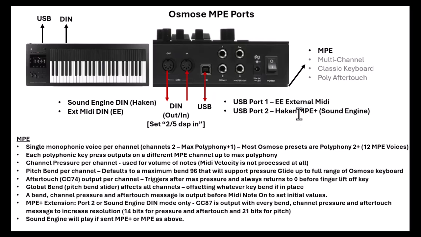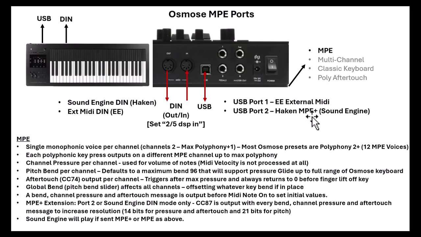So if you're going to record MPE and play it to some MPE device on the external port, say an MPE plugin or an MPE synth, you'll use the external MPE option. To record and play back to the Osmose, you'll use port 2, which is using the Haken MPE Plus protocol.